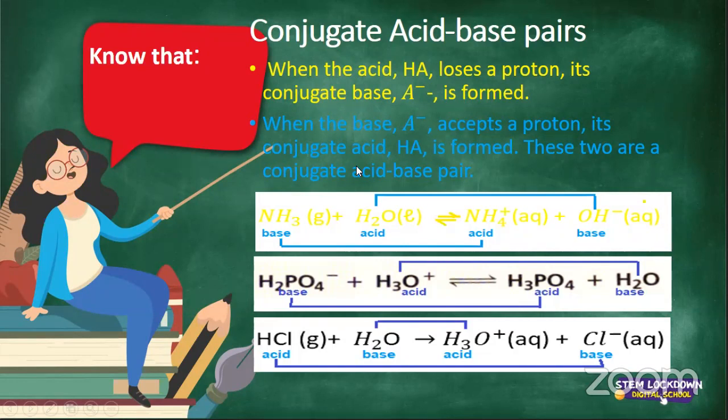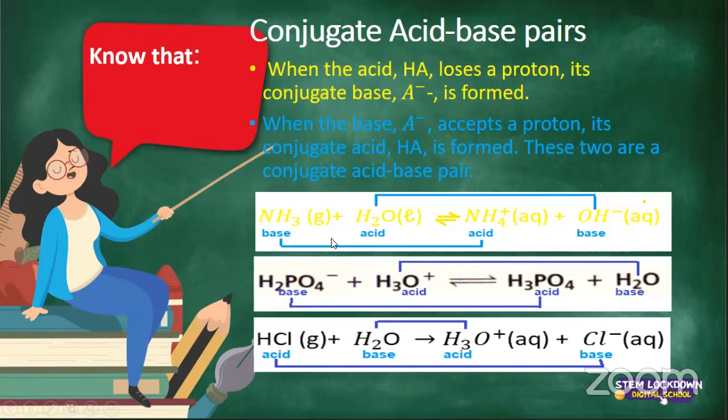When a base A minus accepts a proton, its conjugate acid HA is formed. So these are called conjugate acid-base pairs.